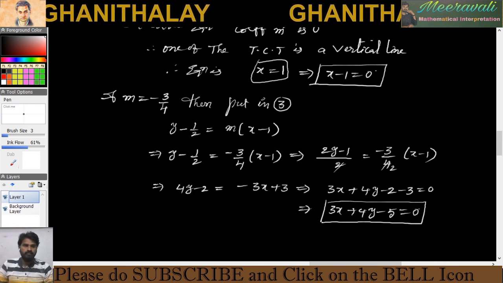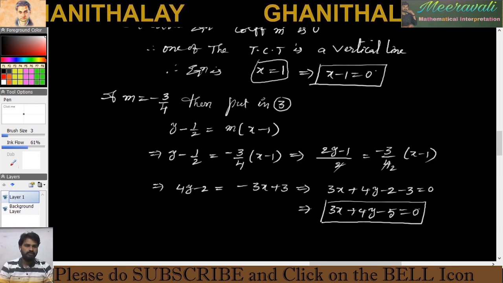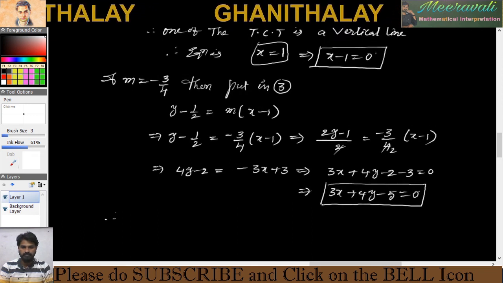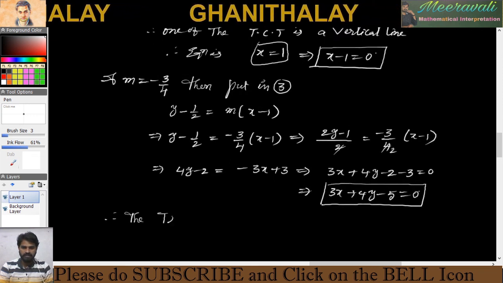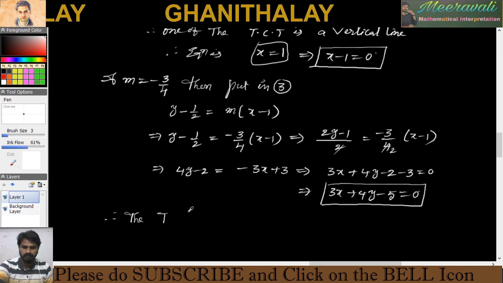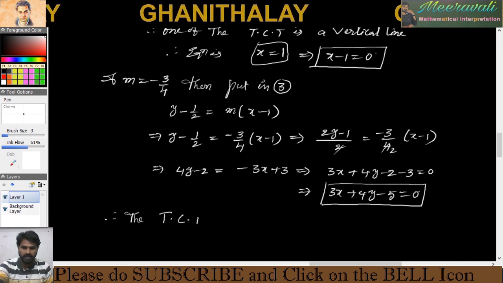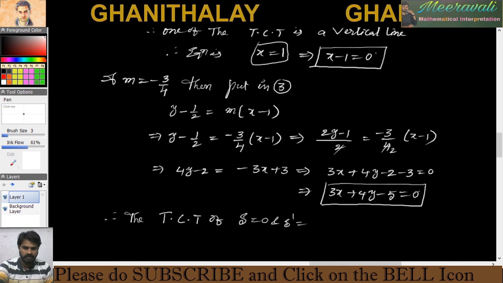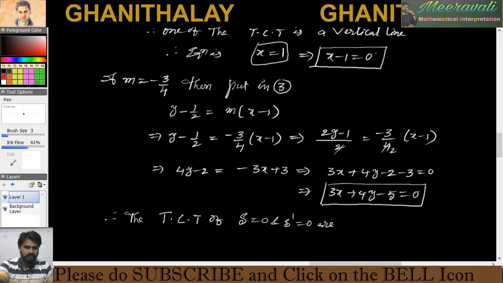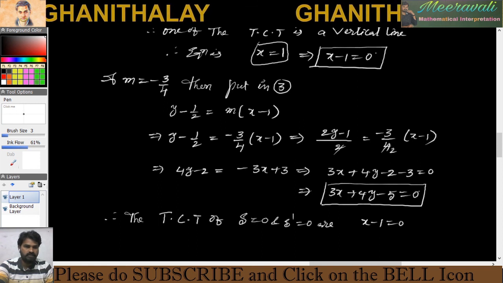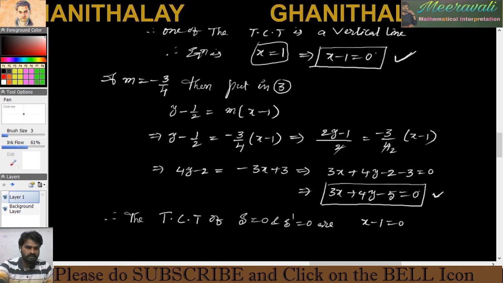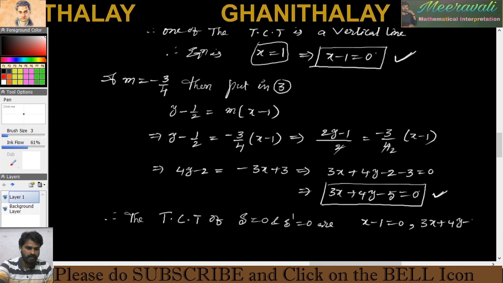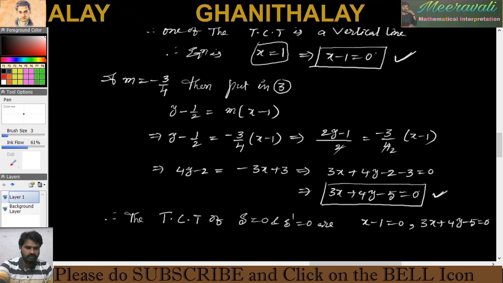Okay? So finally we get all common tangents here. Therefore we should write the transverse common tangents of S is equal to 0 and S dash is equal to 0 are x minus 1 is equal to 0, that means this one, and next one, 3x plus 4y minus 5 is equal to 0.